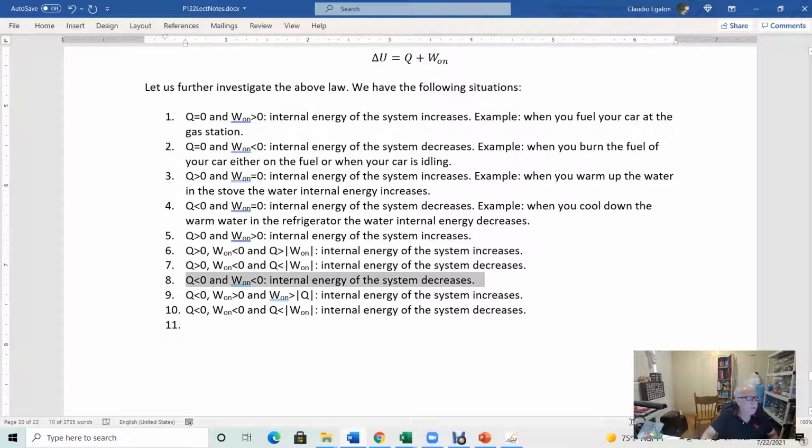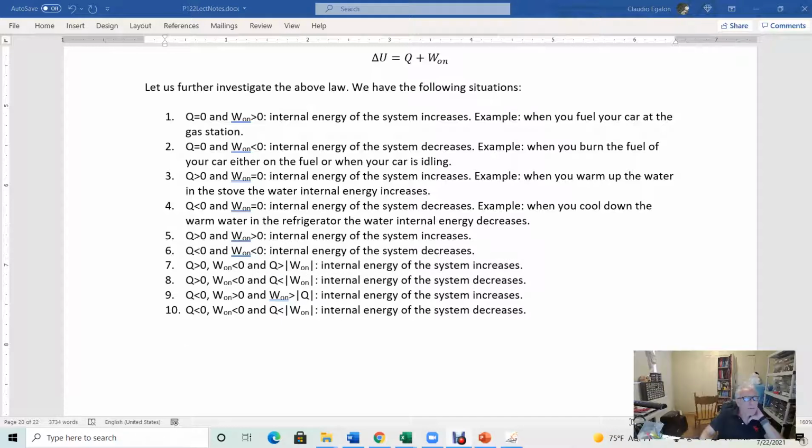That's a decrease, definitely, because that sum is going to be a negative number. Okay, then you can also have work done on the system greater than 0. And in this case, the internal energy is going to increase. And what's the other one? Let's see, we must have, let's see here. I think I covered everything, right?